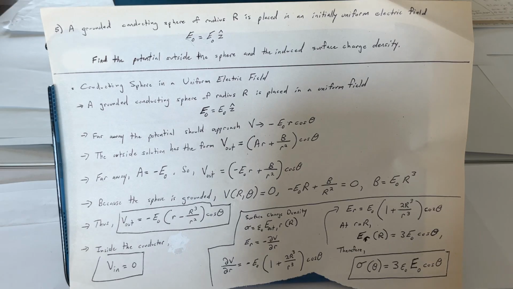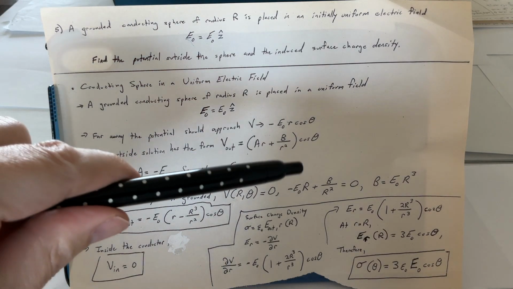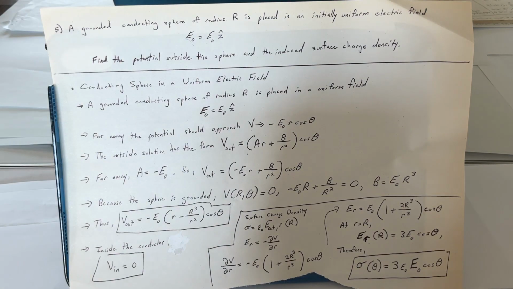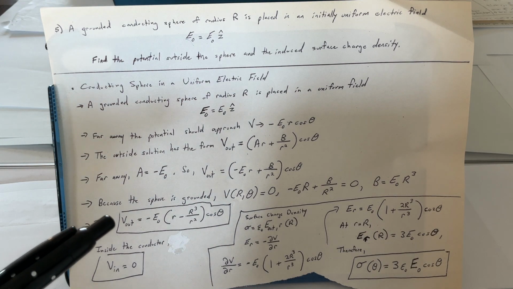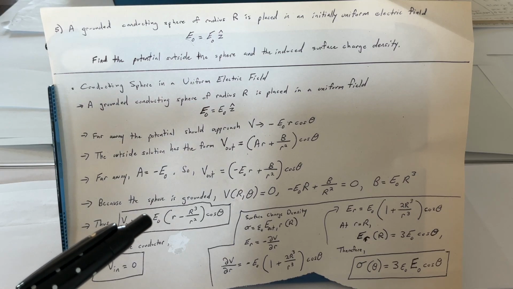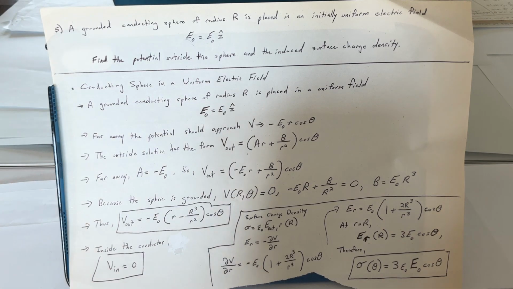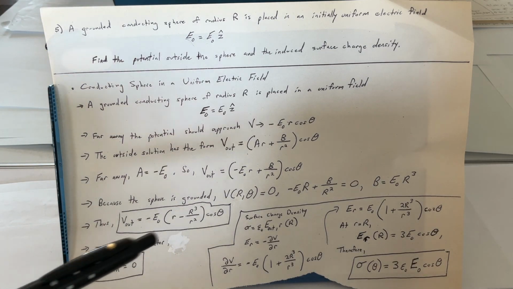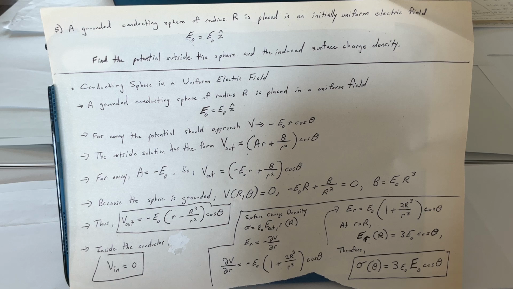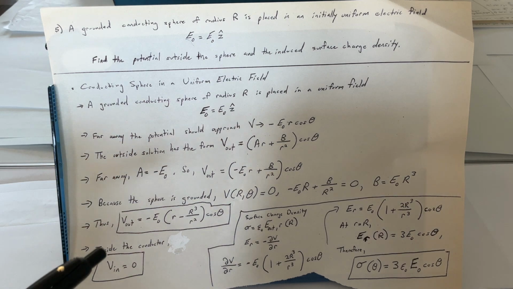So negative E naught capital R plus B over capital R squared equals 0, and B equals E naught capital R cubed. Thus, V out equals negative E naught times the quantity lowercase r minus capital R cubed over lowercase r squared, times cosine theta. Inside the conductor, V in equals 0.